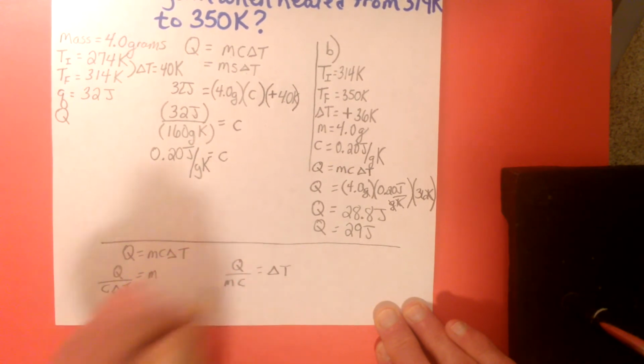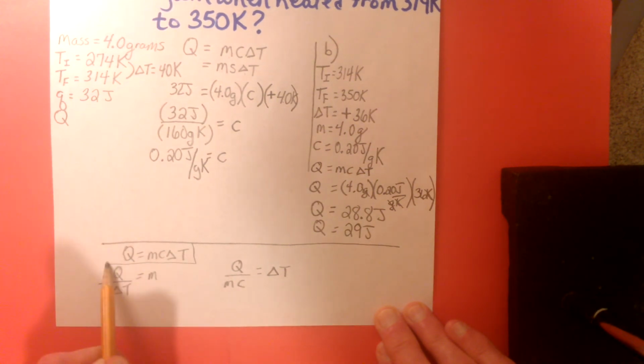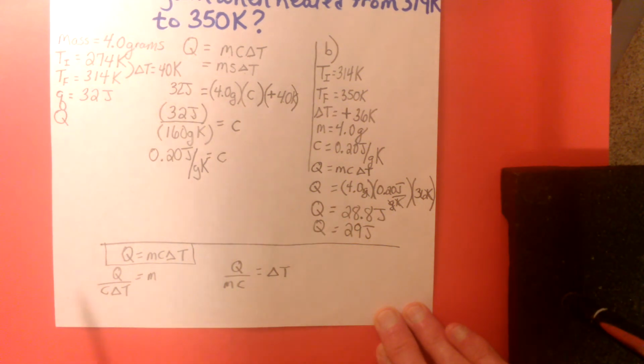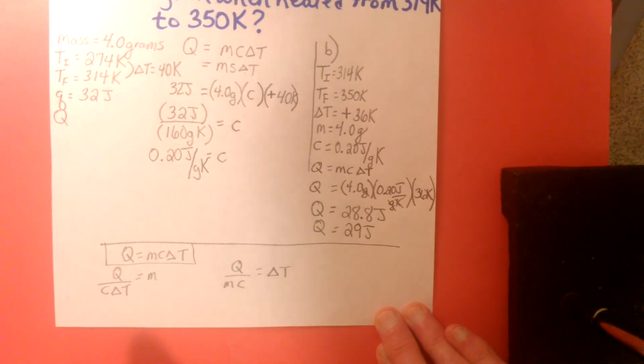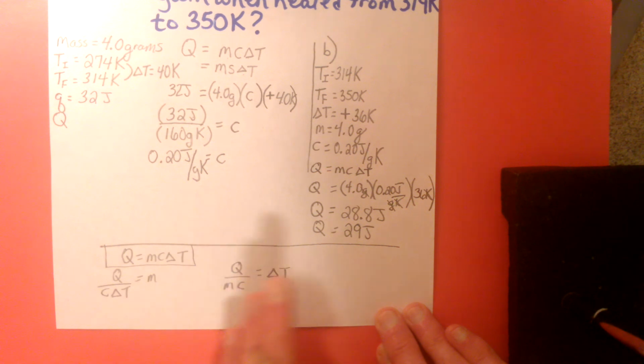Personally, I like to use the original formula, substitute in my values like we've done in these two examples, and then isolate. It makes it simpler for me. It's just my customary way of doing it. But if you want to rearrange the formula first, then substitute in your values, that's perfectly fine. You will still get the correct answer.